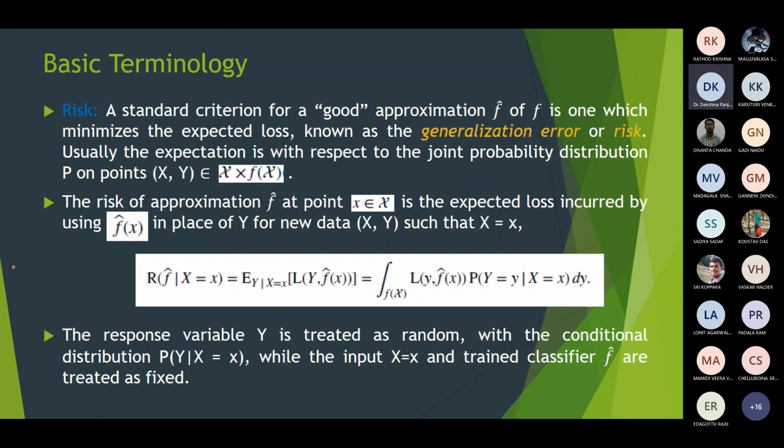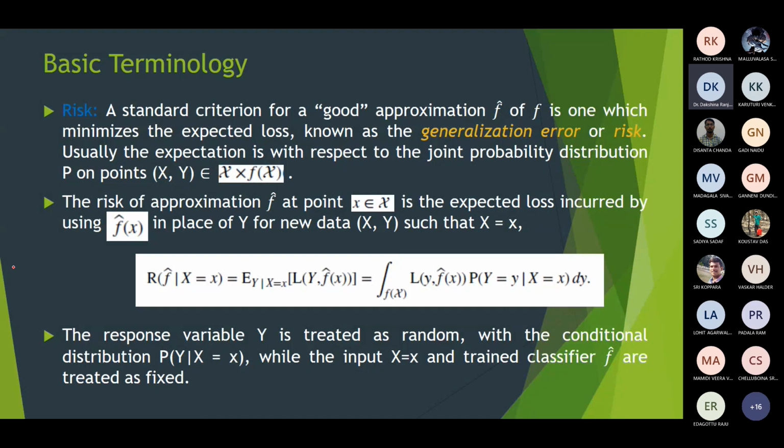Now once we determine the loss function, we have to reduce the risk. If the deviation between the original function and the approximated function is very large, that means the risk is very large, and we have to minimize that risk, making the generalization error minimized.